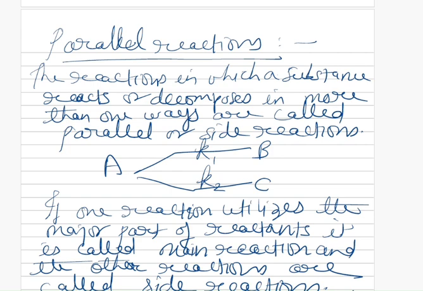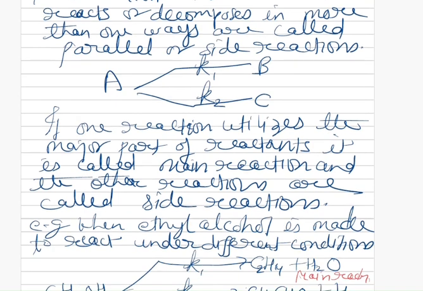The rate constants for these reactions are different. If one reaction utilizes the major part of the reactants, it is called the main reaction, and the other reactions are called the side reactions.